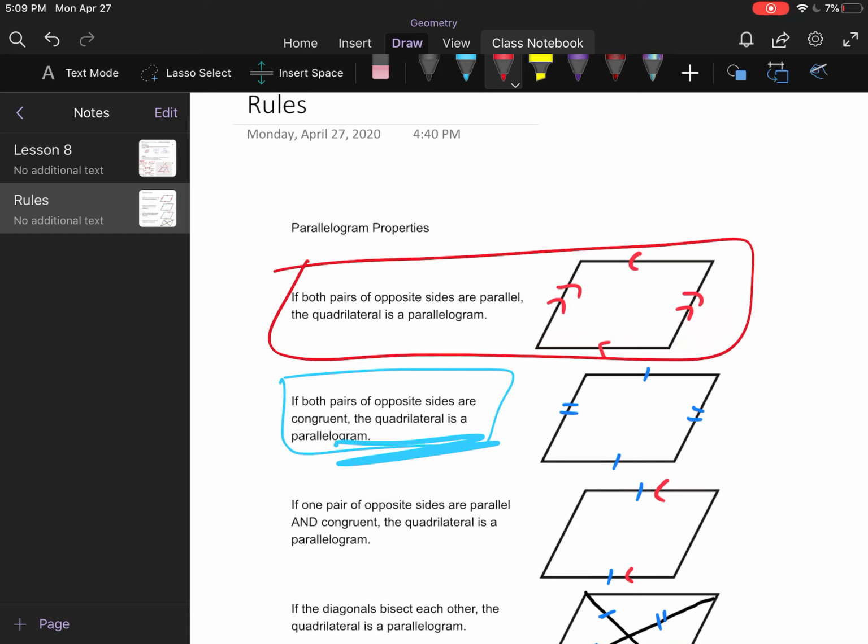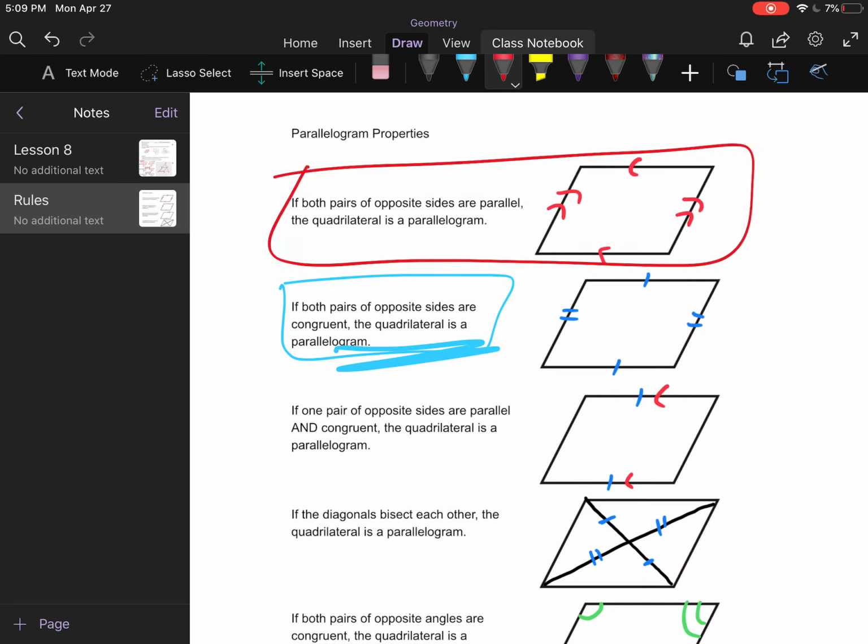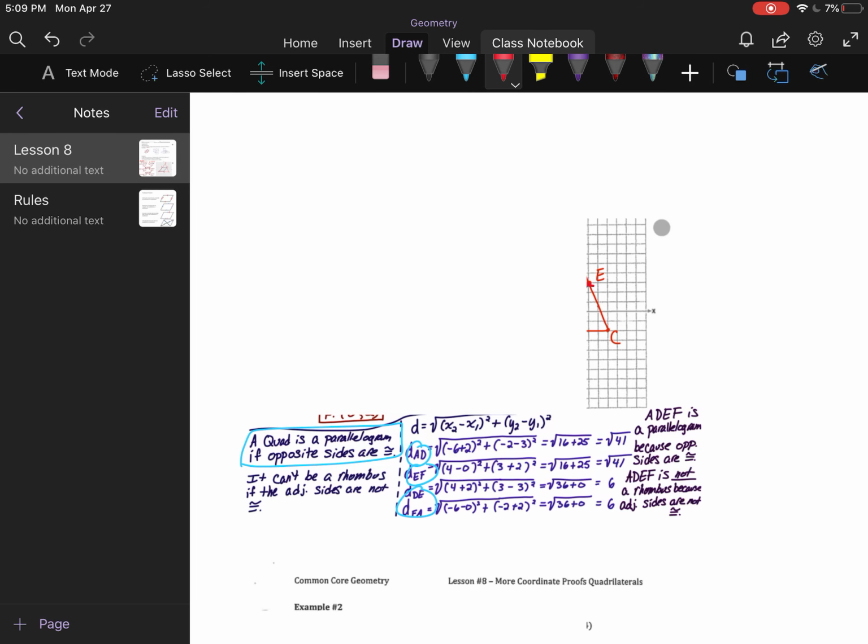That totally works. But then to figure out if it's a rhombus, you're going to have to use the distance formula anyway. So read the entire question and think about which option is going to save you the most work. That's what I want you to learn from these: you're planning ahead and able to make good judgment calls. You don't want to waste your time doing 8 different formulas when you can get away with just doing distance.